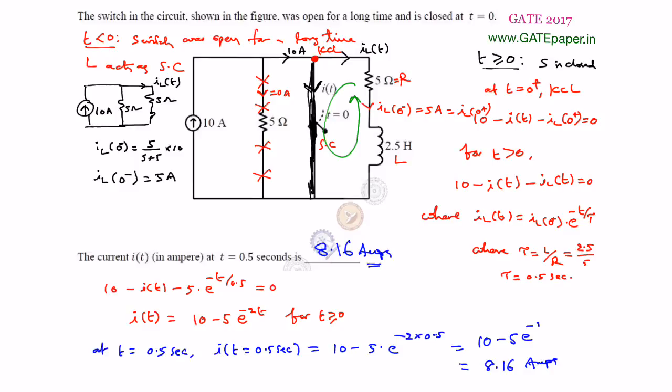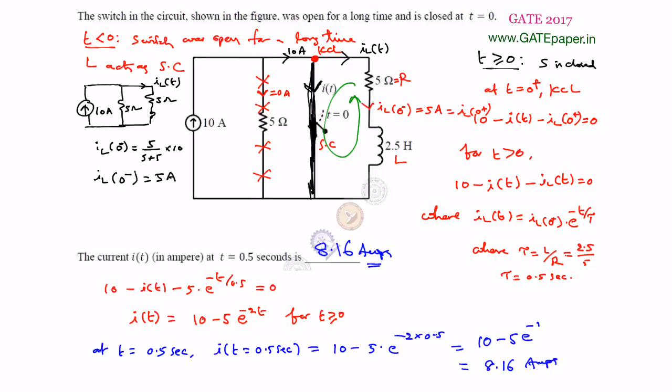The one important point you should remember for this calculation is that the current flowing through the inductor discharges to 0, because when the switch is closed, no source supplies current to the RL branch, and whatever current it has stored has to discharge. While discharging, the current flowing through the inductor can be written as I naught into e power minus t by tau.